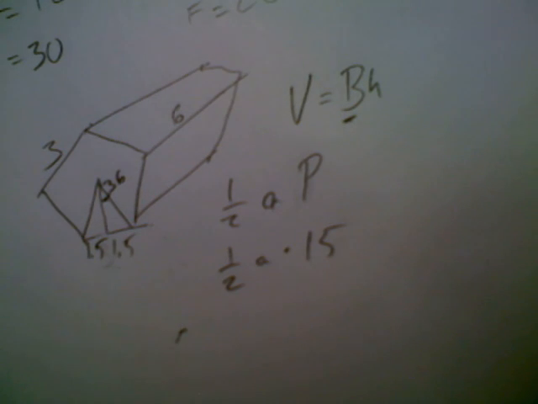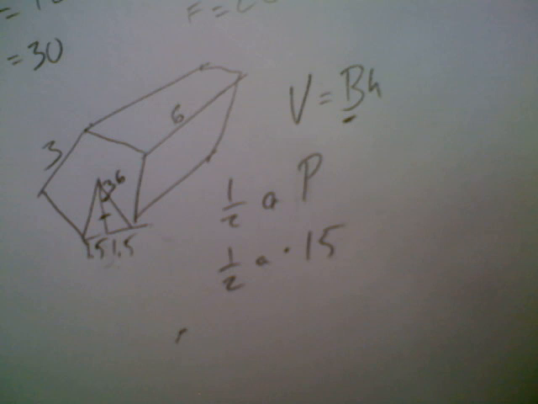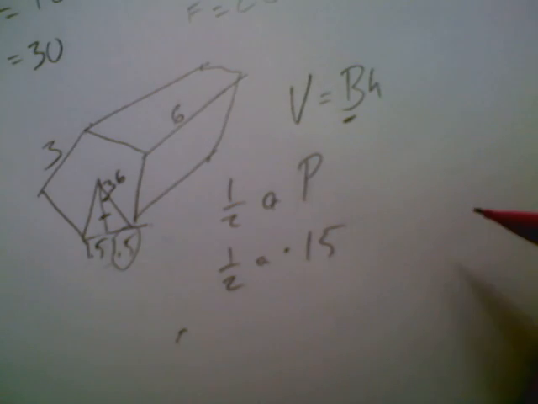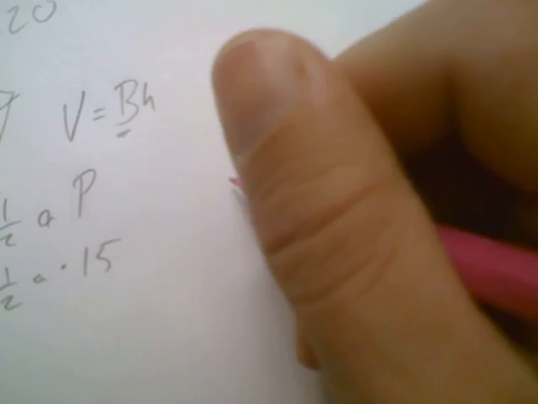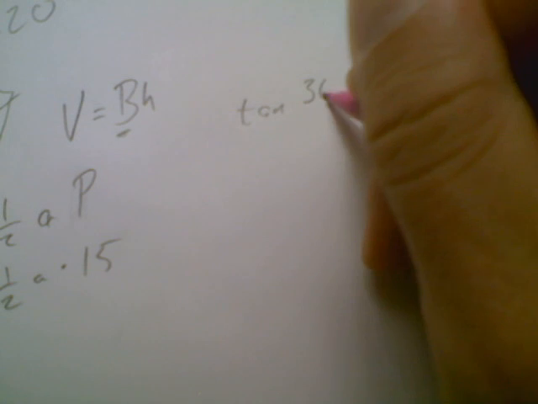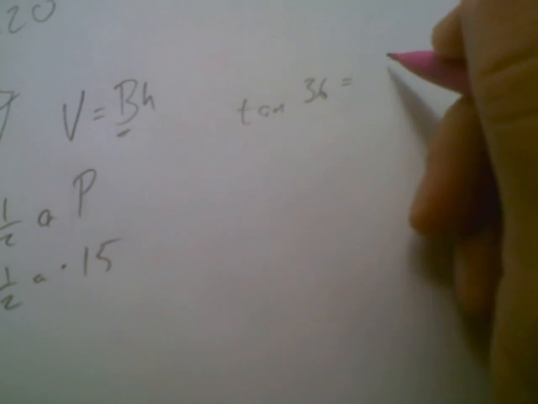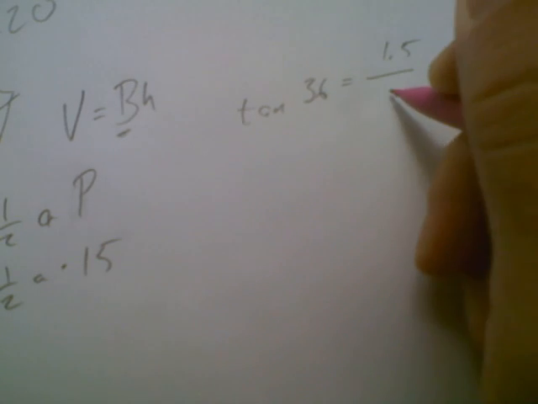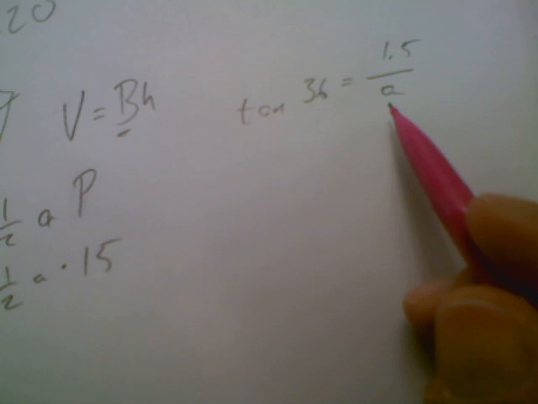So now we can use trigonometry to find that side. We would use tangent because we have opposite and that's adjacent. So we would do tangent of 36 equals opposite over adjacent, 1.5 over adjacent. Adjacent, apothem, in this time they're both interchangeable.